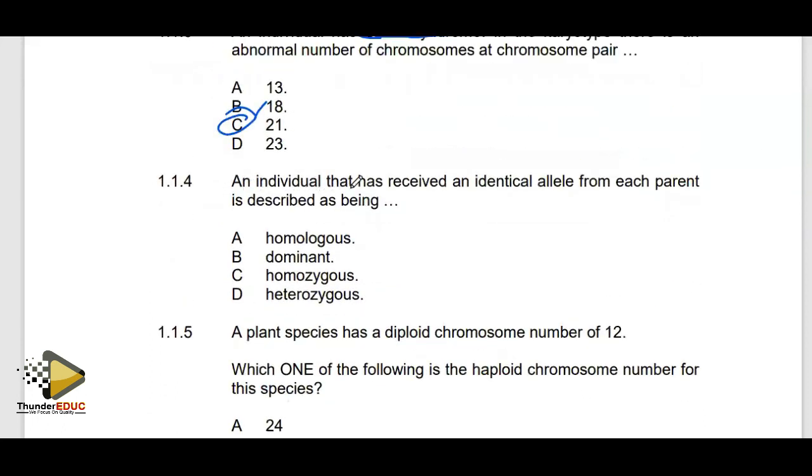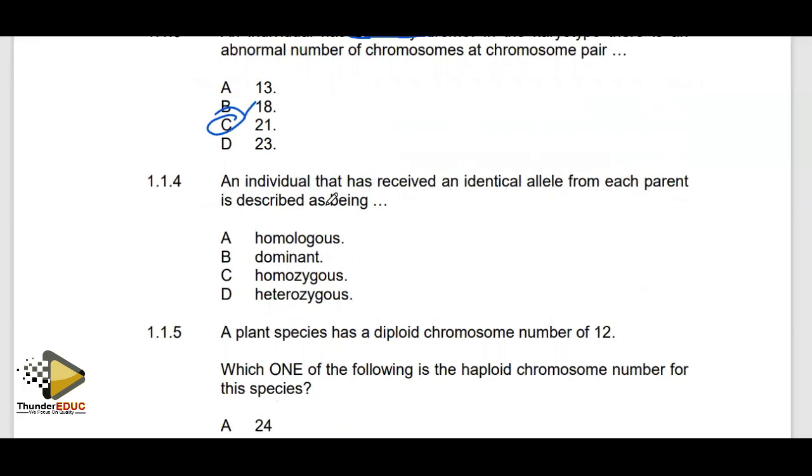Then they're saying that an individual that receives an identical allele from each parent is described as what? How do you describe an individual that receives an allele which is identical from both parents? For example, one parent is capital T, small t, and the other parent is capital T, small t.